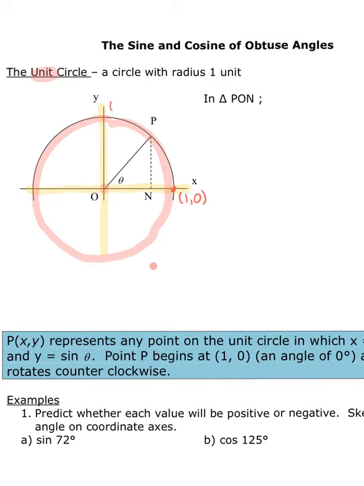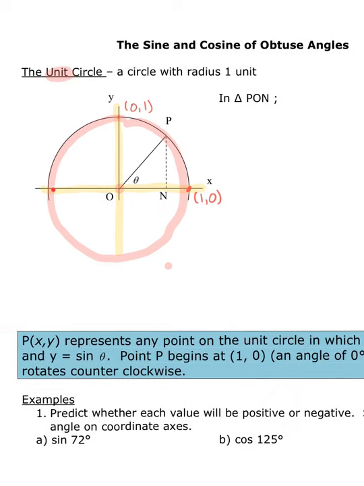So this point has a coordinate 0, 1. And then going along the negative x-axis, again, we have a radius of 1, but this time we're going to the left. So the x value is negative 1, the y value is 0. And then finally, on the negative y-axis, we've gone left and right 0, but we've gone down 1. So we know the 4 points where the unit circle meets the axes.